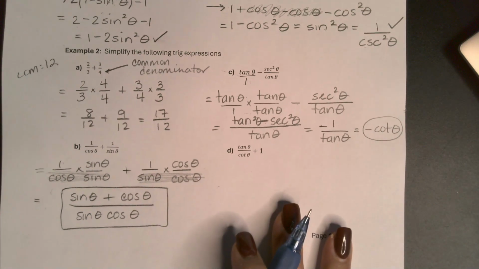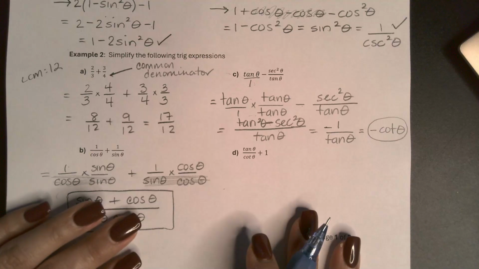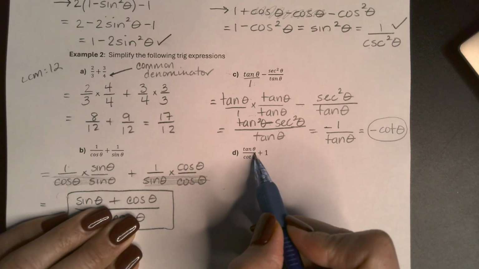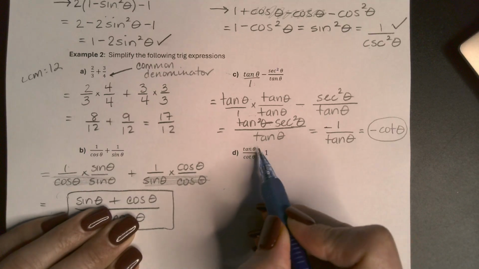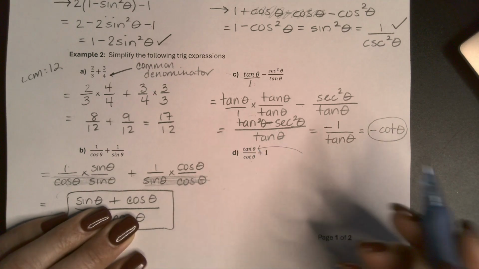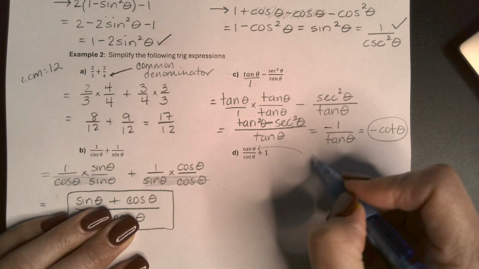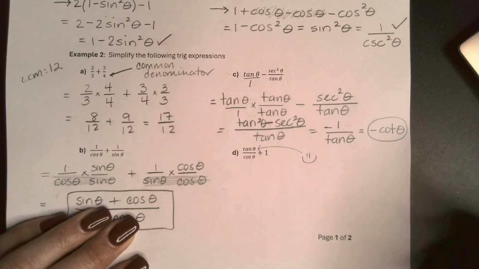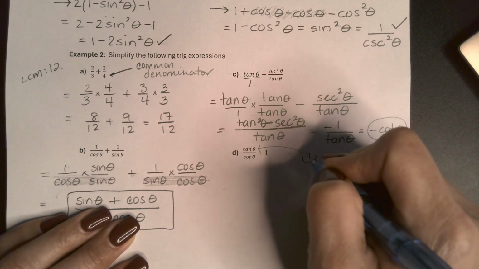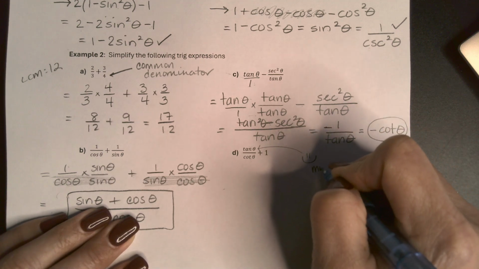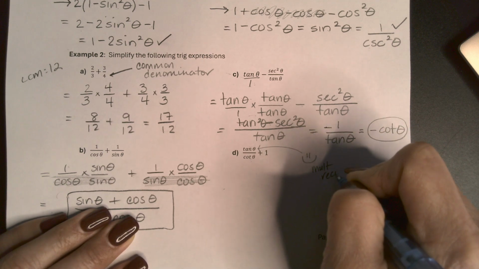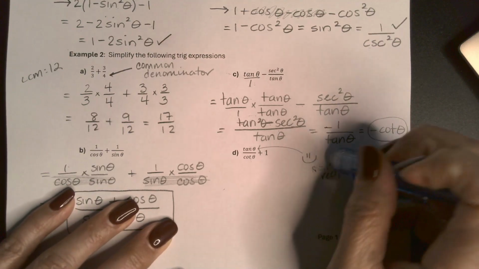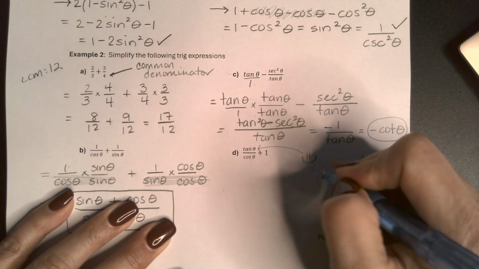And it is my hope that based on what you did in 8.1, when you looked at D, you celebrated because these are reciprocals of one another. I wish I was a really good artist and I could draw celebratory fireworks or something. But that should bring a smile to your face because we are dividing reciprocals.